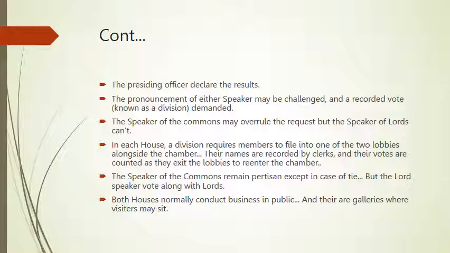However, if there exists a tie, then the Speaker of Commons gives the decisive vote. But the Lord Speaker votes along with Lords. Both houses normally conduct business in public, and there are galleries where visitors sit.